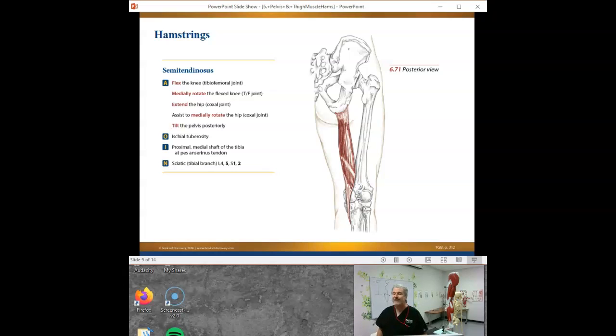This thing is a hamstring muscle that reaches under the medial condyle of the tibia, grabs onto the medial side of the proximal tibial shaft. It's still pretty medial, but it's not as medial as the semimembranosus. Which hamstring is that?